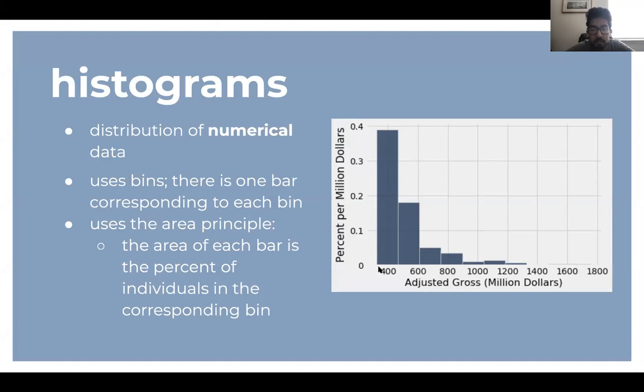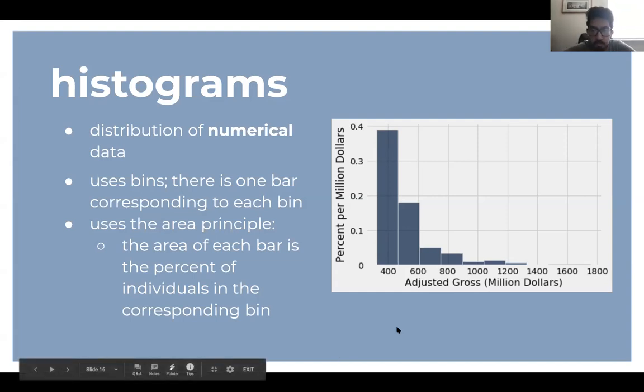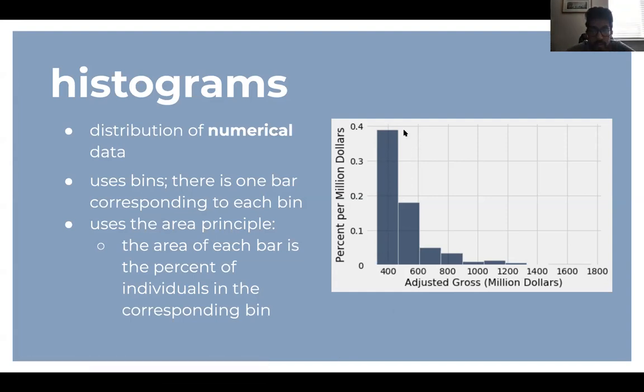If you look here, our first bin is from the first 400 values, and the second one is from 400 to 600. I'll go more into bins in a second, but one thing I want to point out first is that the area of each bar represents the percent out of the total share of data that we have. To calculate the area, you look at the length times the height of each bar. The first bar has a width of 400.